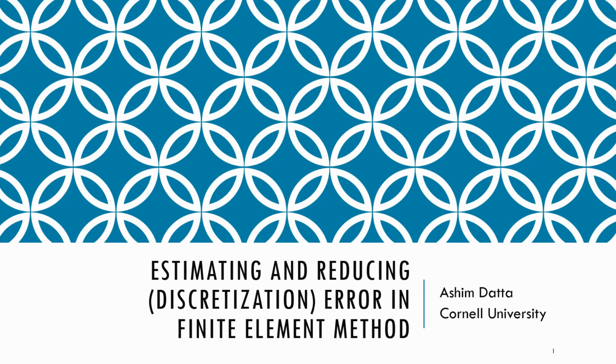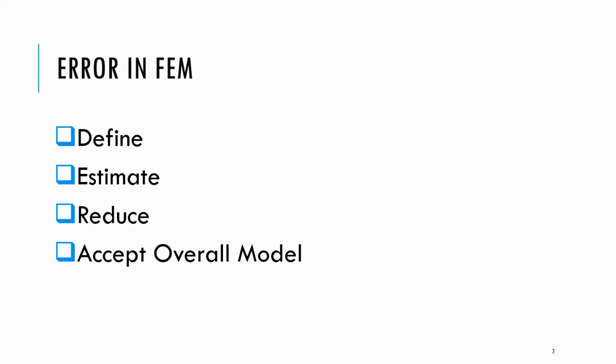Nevertheless, we need to have some idea of what error is and how much error we could be making and how do we reduce that. So that's what this chapter is about. So we'll talk about defining, estimating, reducing error, and then how to accept the overall model.